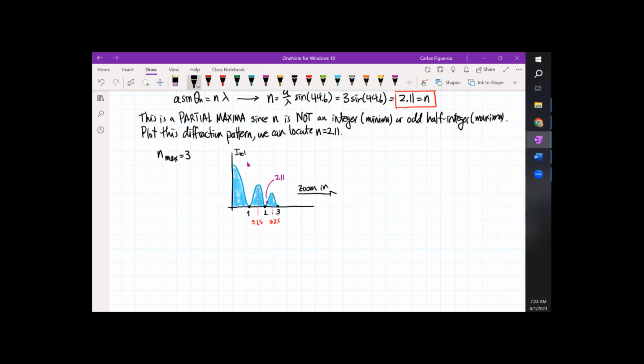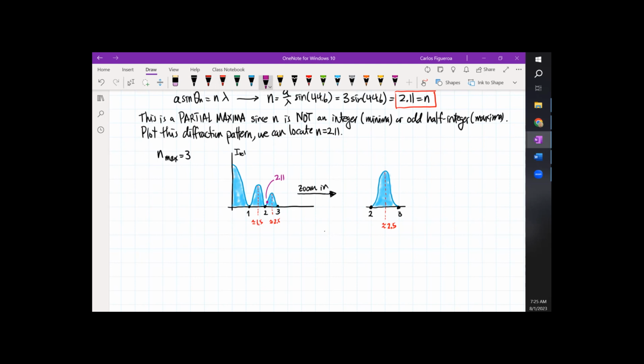So to really see this better here, I'm going to zoom in. So if I look at the second secondary maxima, that is, this is what I'm seeing. So this guy tells me that this guy is 2, this guy is 3, and then this one right here is approximately 2.5.